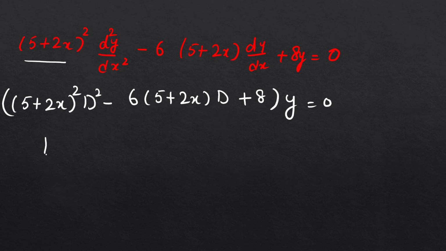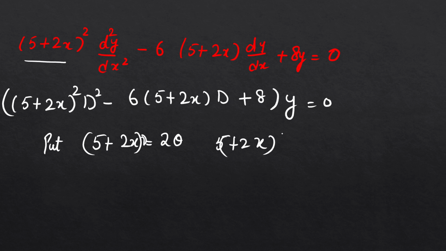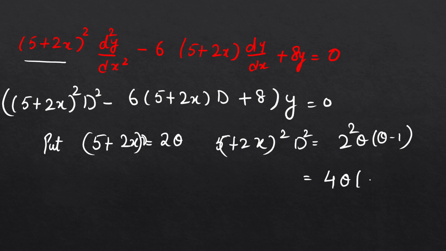The working method says that we will put 5 plus 2x equal to e to the power z, so that (5 plus 2x) squared D squared can be taken as 2 square theta into theta minus 1. So automatically it is 4 times theta into theta minus 1, and 5 plus 2x times D is 2 theta.